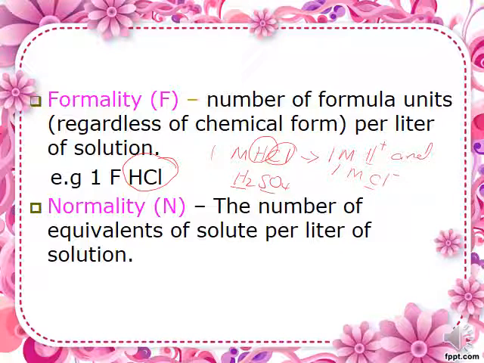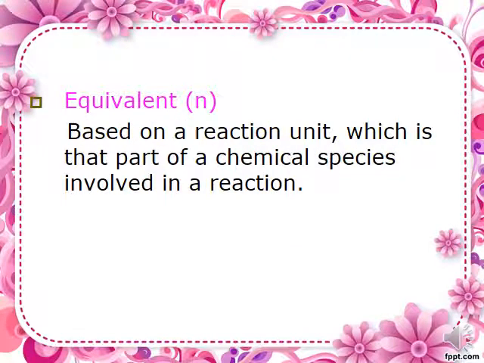Okay, so the next unit of concentration is normality, capitalized N. N means the number of equivalents of solute per liter of solution. So it depends on the number of equivalents, which is represented by a small letter n.